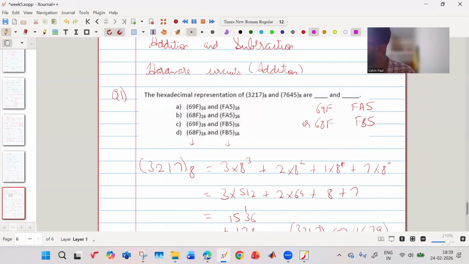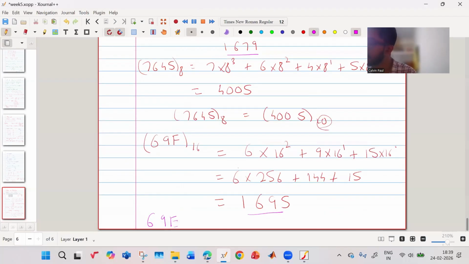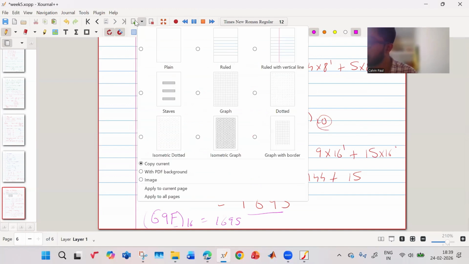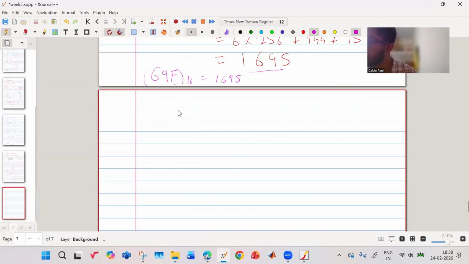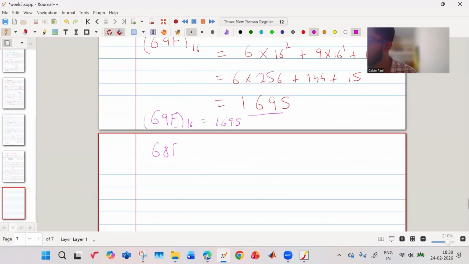So 1695 is for 69F, right? Once you have got this, now you have to find 68F. What is that?